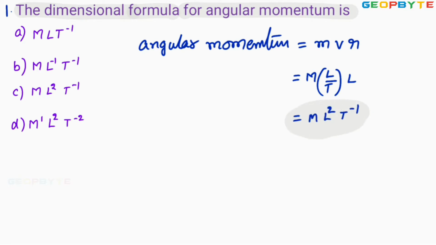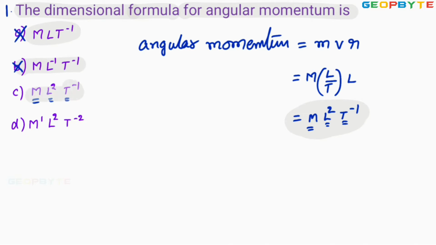Now look at the options. Option A, M L T power minus 1. No, it is not correct. Come to B, M L inverse T inverse. This is also not correct. Look at option C, M L square T power minus 1.